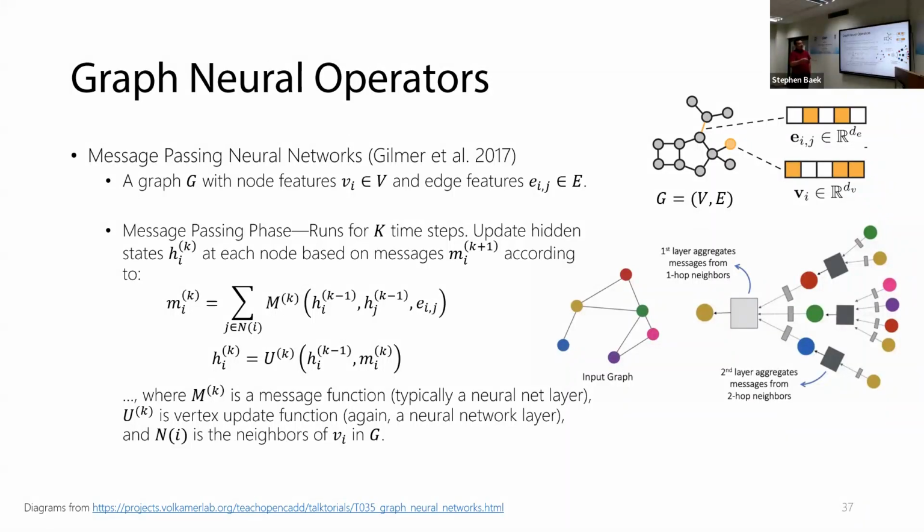But the idea of message passing is that, given a graph structure where each vertex has some feature vector describing that node, and each edge also has a feature vector describing that connection, the idea is to aggregate those edge features and vertex features using some sort of linear sum inside of a local neighborhood. So Ni is the one ring neighborhood of vertex i.